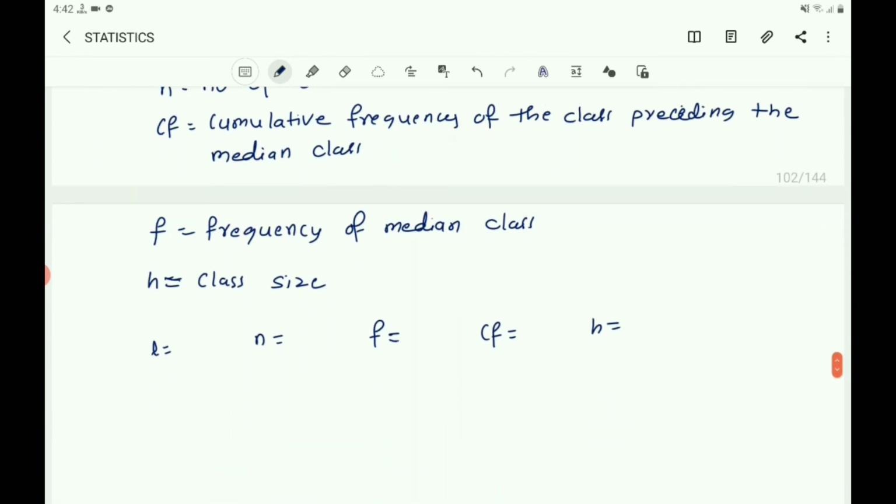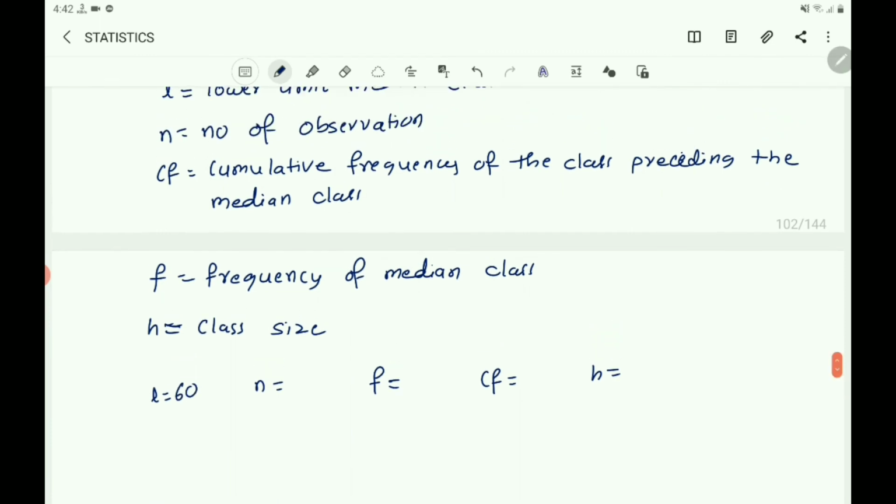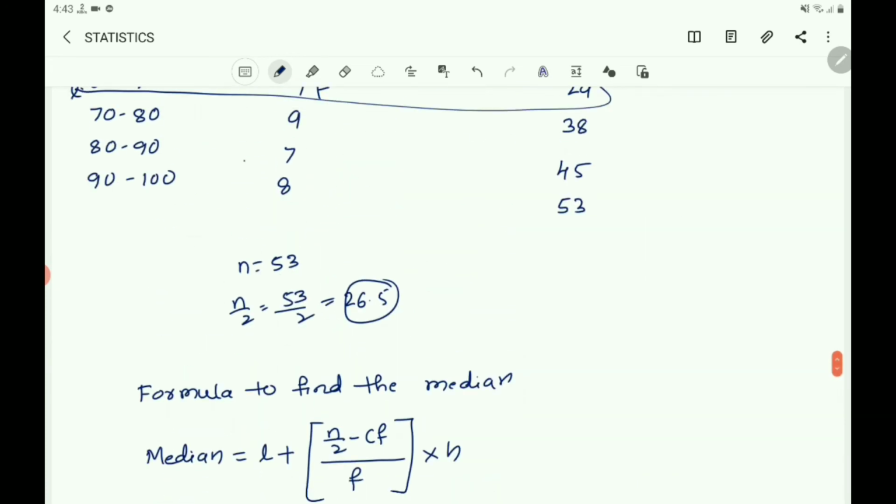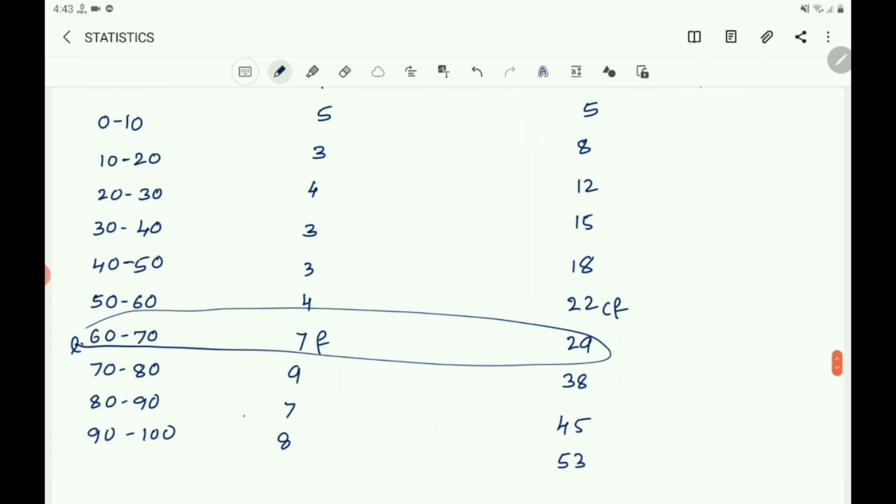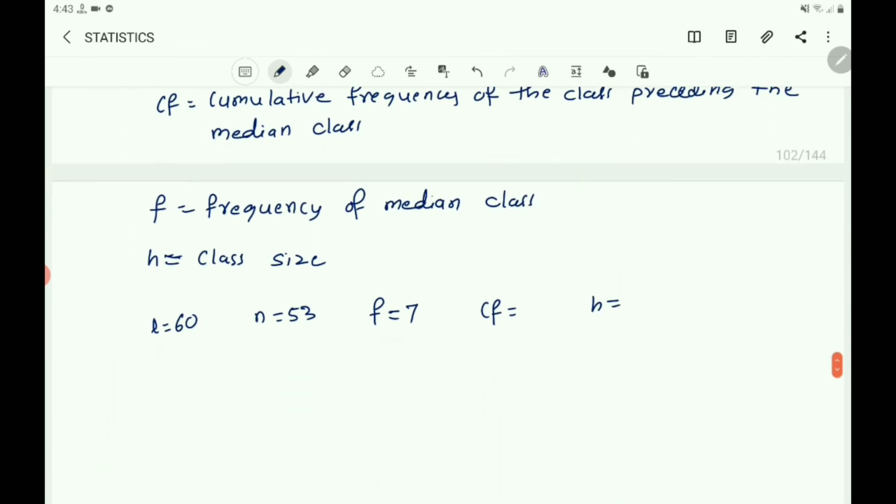So you write L equals 60, n is the number of observations, that is 53, F is the frequency of the median class, you got 7, Cf is the cumulative frequency of the preceding class, that is 22, and the size of the class is 10.